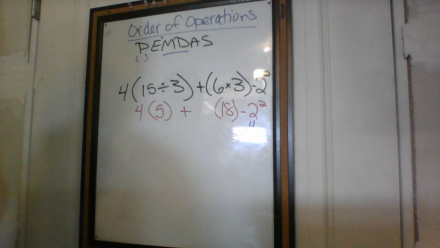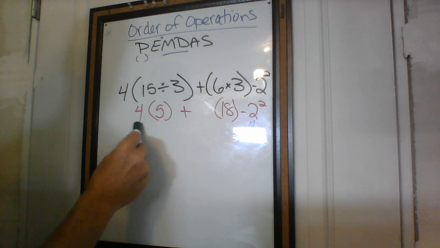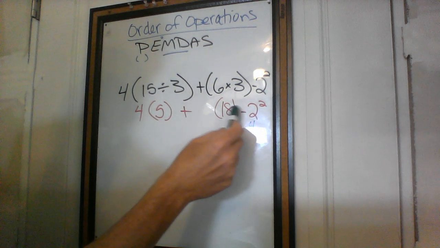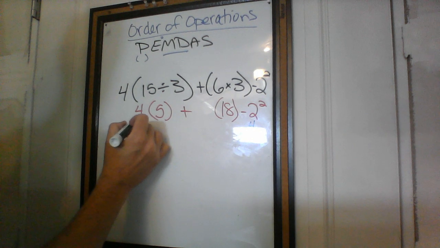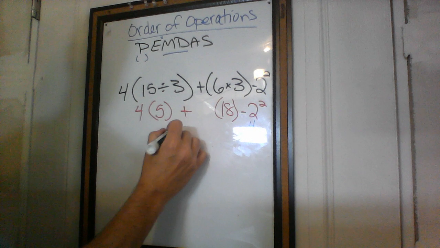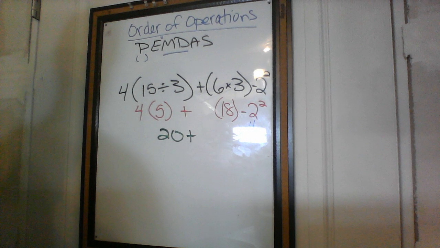Since I'm just doing that, I'm going to leave this as is and move on to multiplication and division. There is no multiplication or division over here. So we're going to do 4 times 5 is 20. We're going to bring down that addition sign.